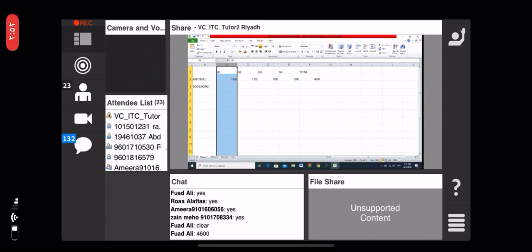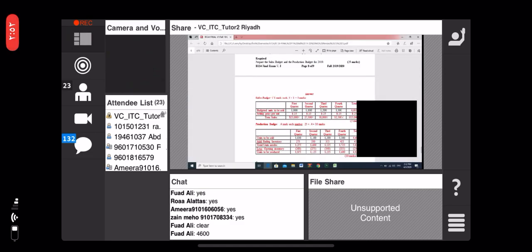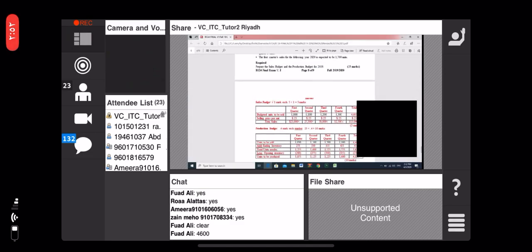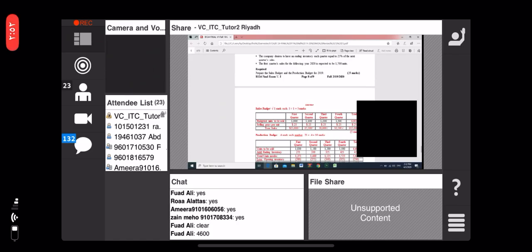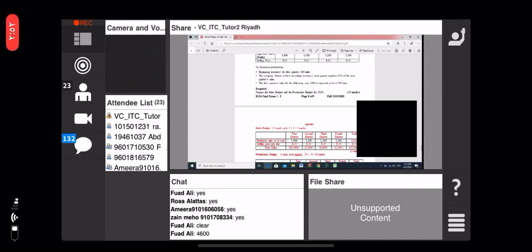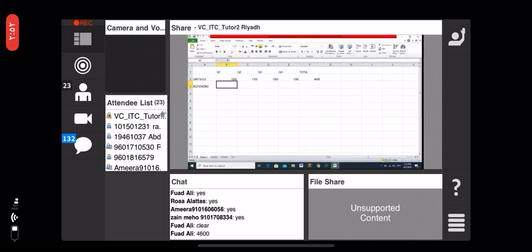For the ending inventory, he said there is a message. As you see here, the ending inventory will be 25% of the next quarter's sales.